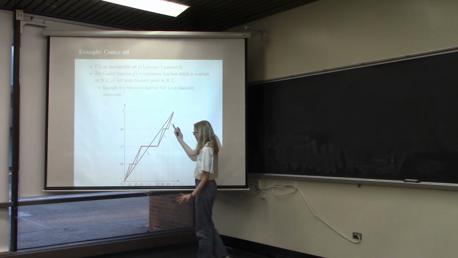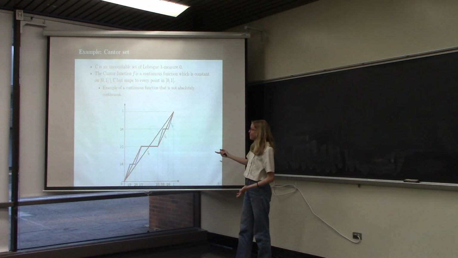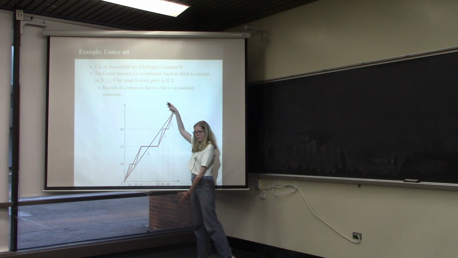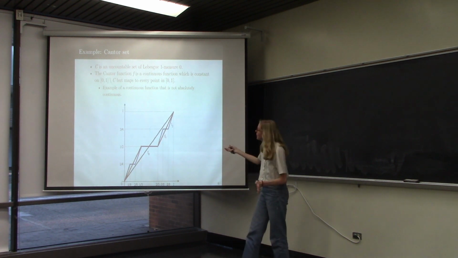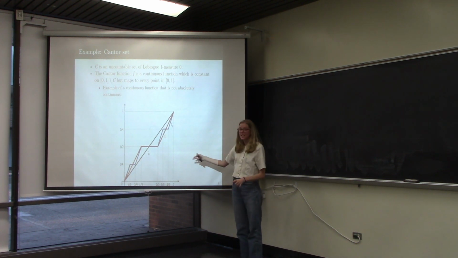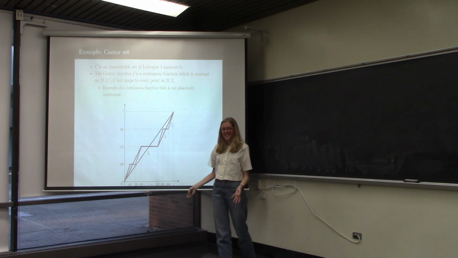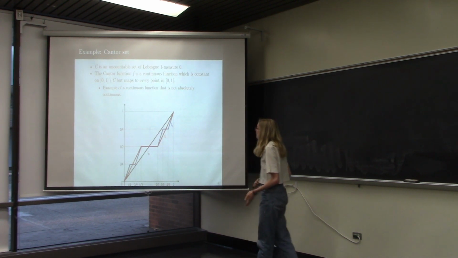And it's a continuous function. One can show that this is a continuous function, but in some sense it maps a set of measure 0 to a set of full measure. So that's a function that is continuous, but not absolutely continuous. If you ever need an example in an exam, that's a very, very nice example.